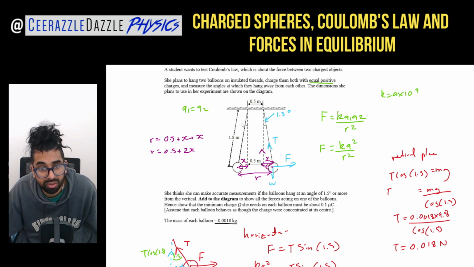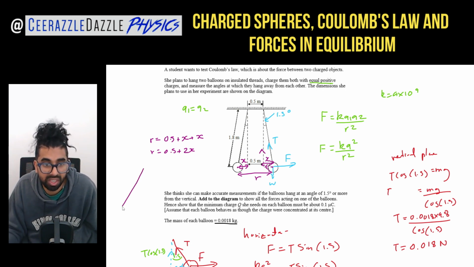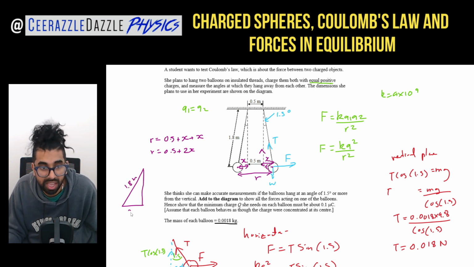We can use trigonometry again, but using the length this time. I'll just draw this triangle over here. This is 1.8 meters, and then we know this is x, and it's still 1.5.